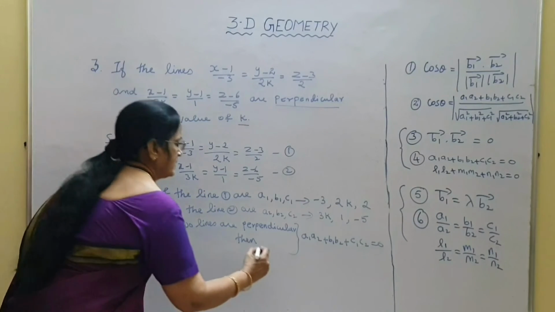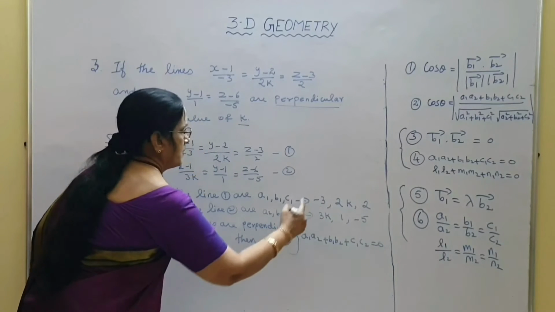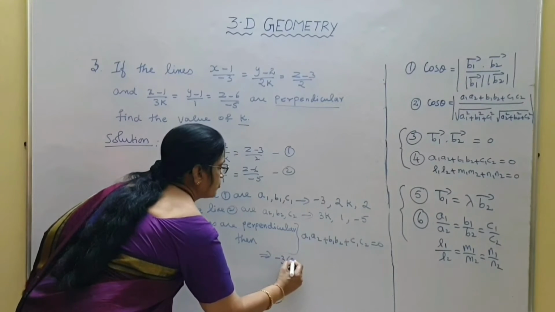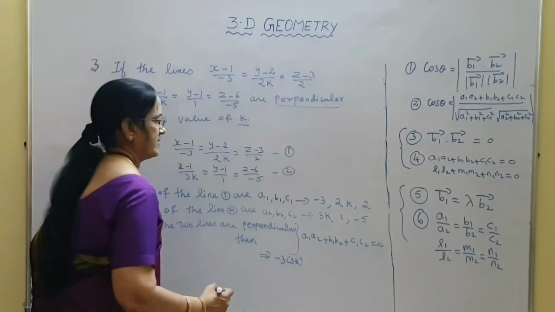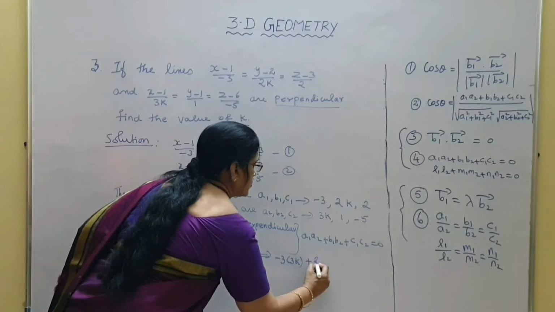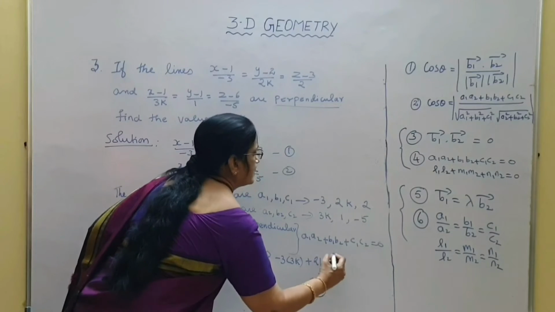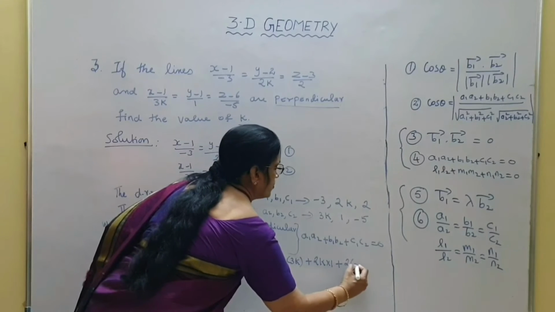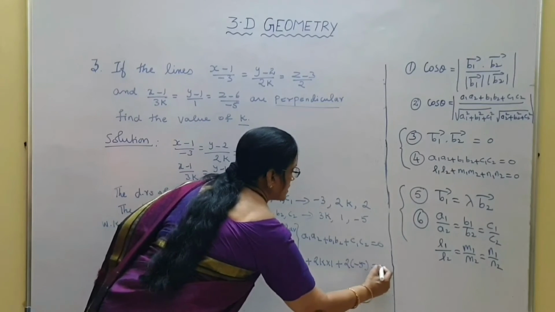We will be getting −3 into 3k, plus 2k into 1, plus 2 into −5, equal to 0.